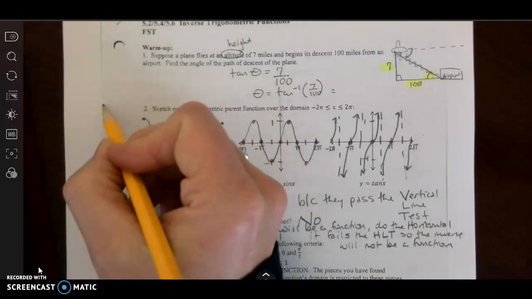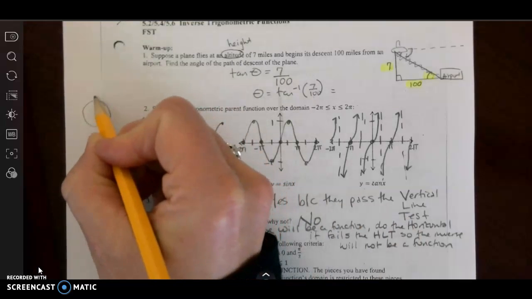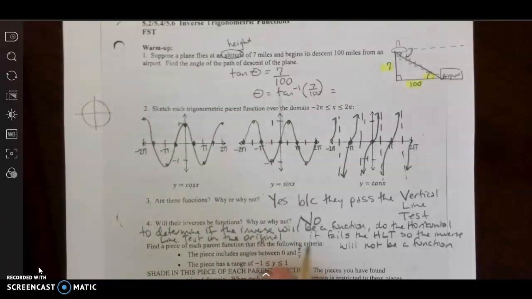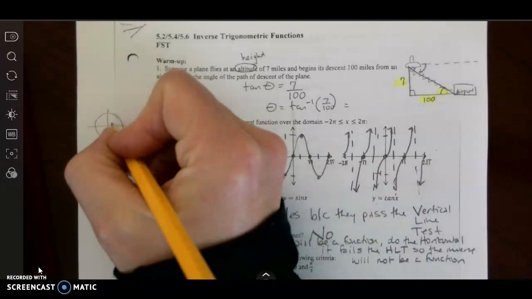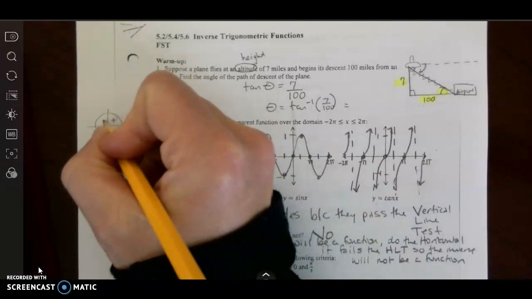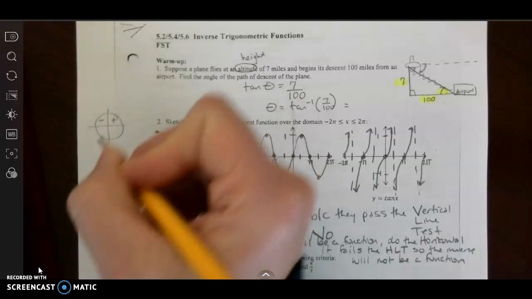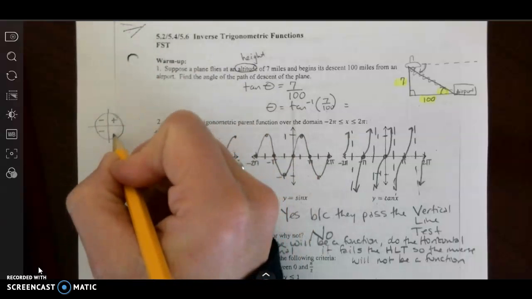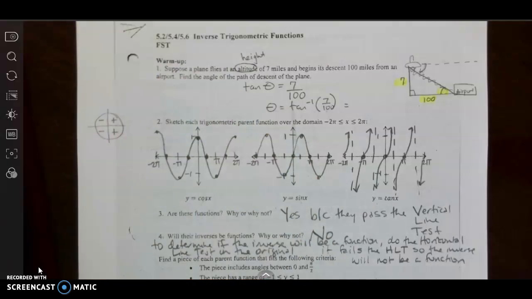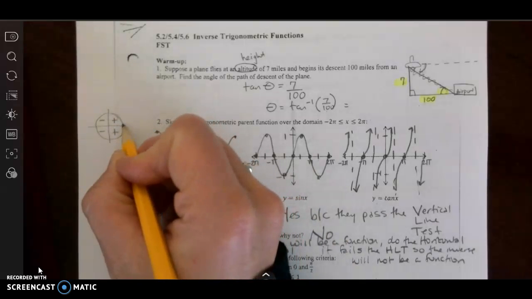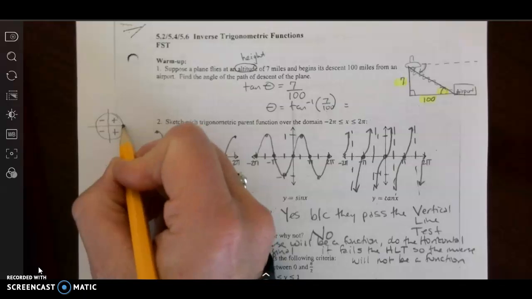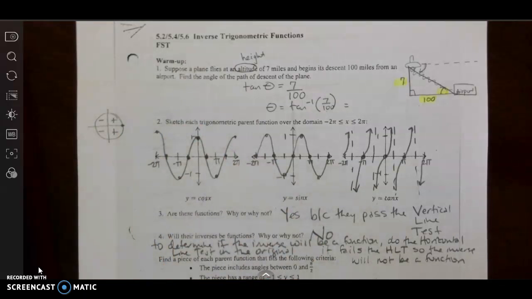So if you think about my unit circle and you think about cosine, this is going to be positive here, then it's going to be negative here, and positive here. We want a continuous piece of the unit circle, and we do want to always start here.